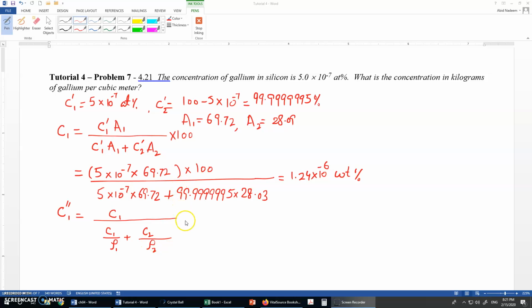Suppose the densities are in gram per cubic centimeter, we can multiply by 1000, or 10^3, to convert these values into kilogram per cubic meter. The density of gallium can be found from the tables, it's 5.9, and the density of silicon is 2.33. Both are in gram per cubic centimeter.